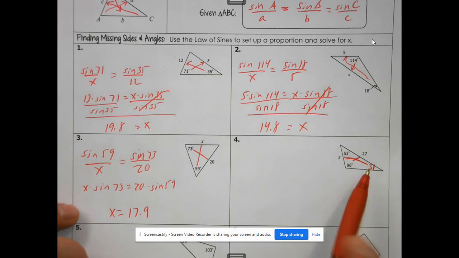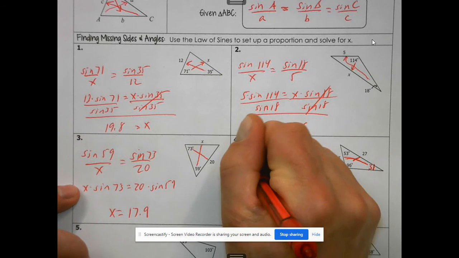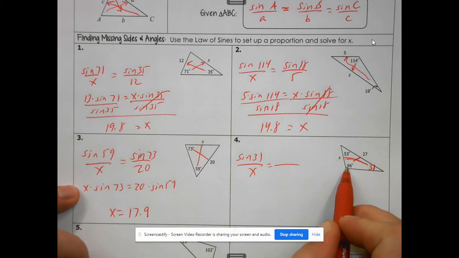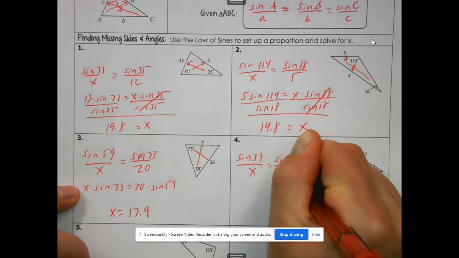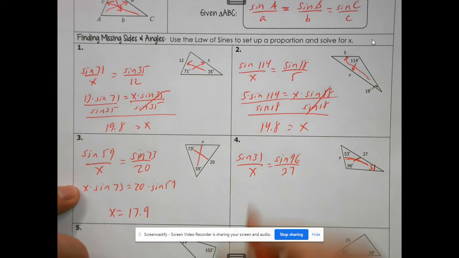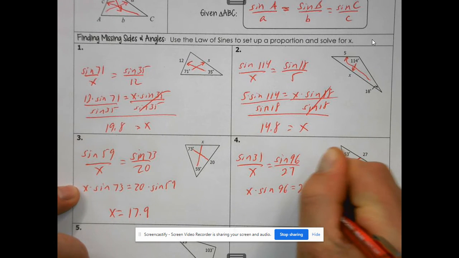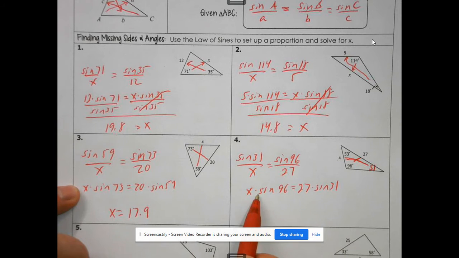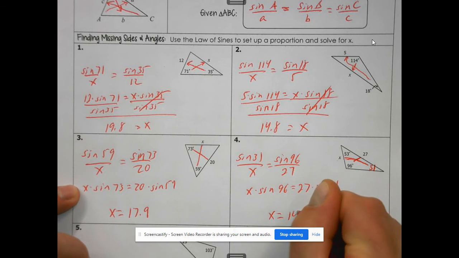So sine 31 over X equals sine 96 over 27. Cross multiply: X times sine 96 equals 27 times sine 31. Divide both sides by sine 96. Answer comes out to be 14 rounded.